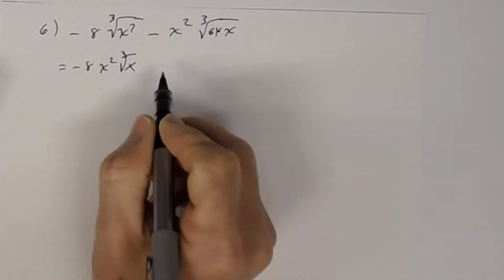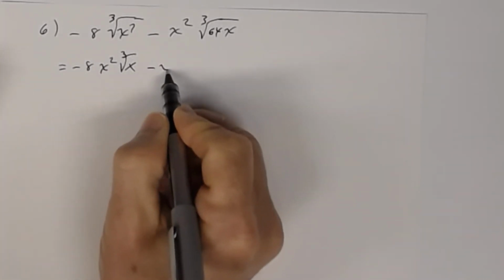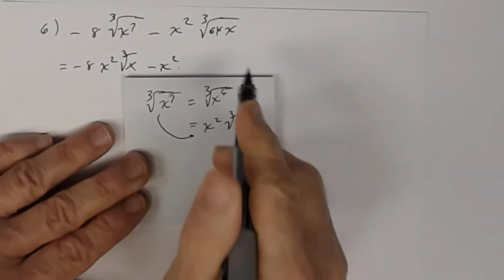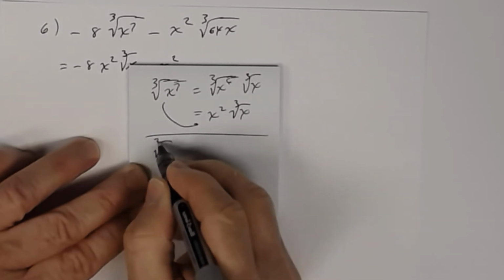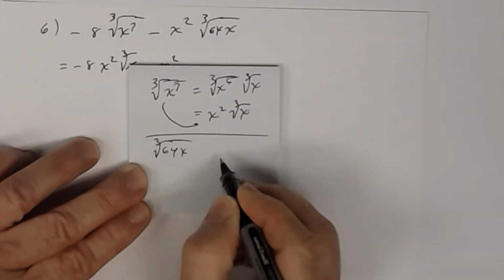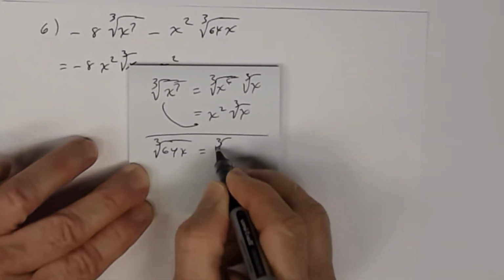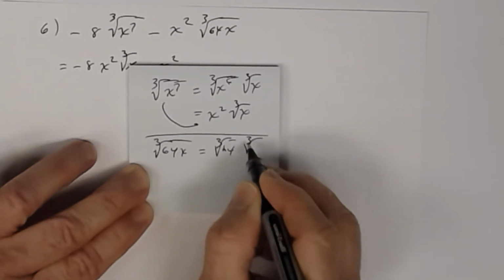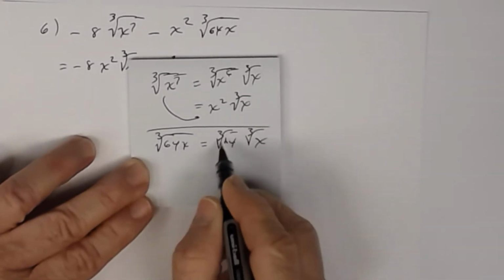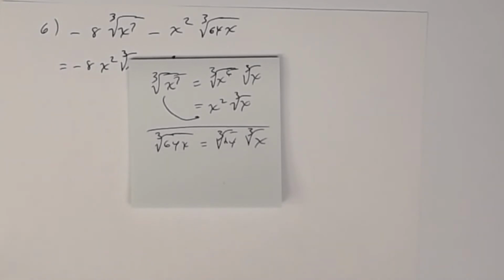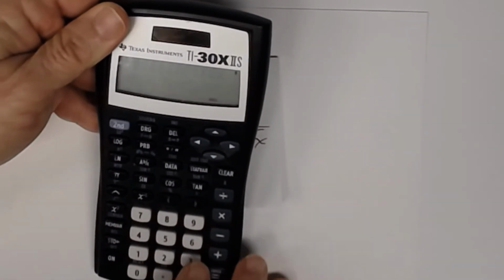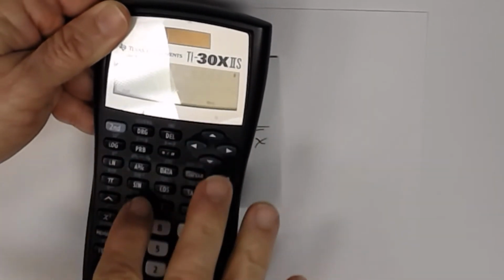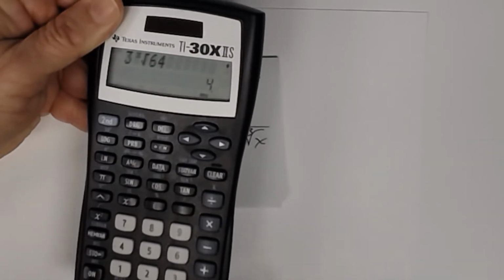Okay? All right, now let's talk about this one. Minus x squared times, we have to simplify this now. That is the cube root of 64x. So I'm going to rewrite this as the cube root of 64 times the cube root of x. Now the cube root of 64, is 64 a perfect cube? Well, you have access to calculators, so you want to do cube root, so cube root 64 equals 4, right?